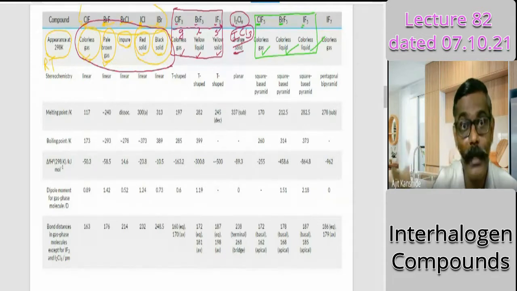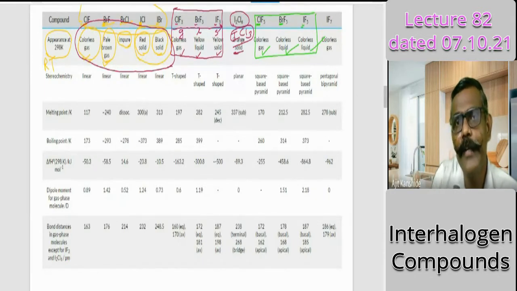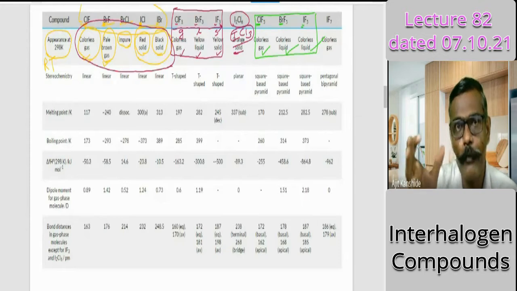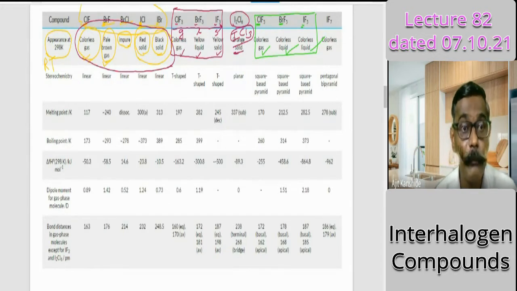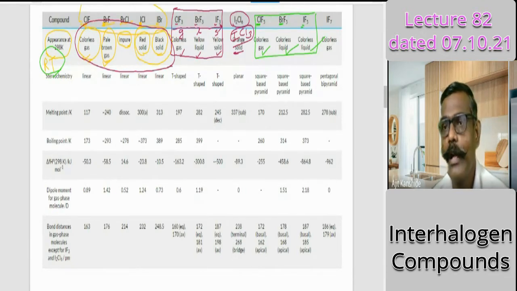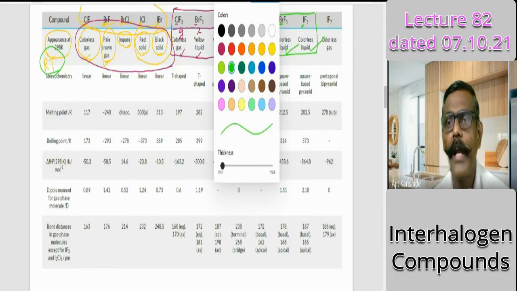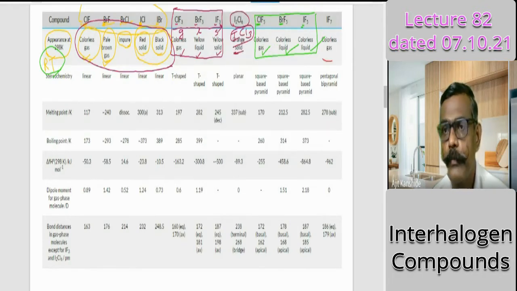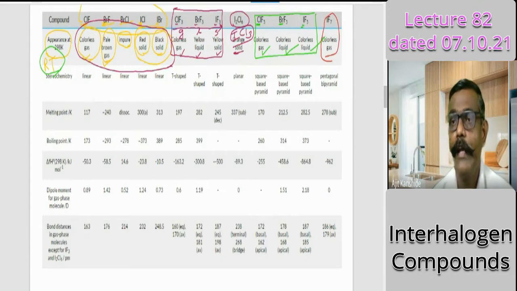As the peripheral atoms are increasing, the solid state, I'm not saying they will not be solid, we are talking about their existence at room temperature. At room temperature it is liquid in nature. Now last, the interhalogen where 7 small atoms are surrounding the central iodine atom. As per this logic, it is expected to be solid.